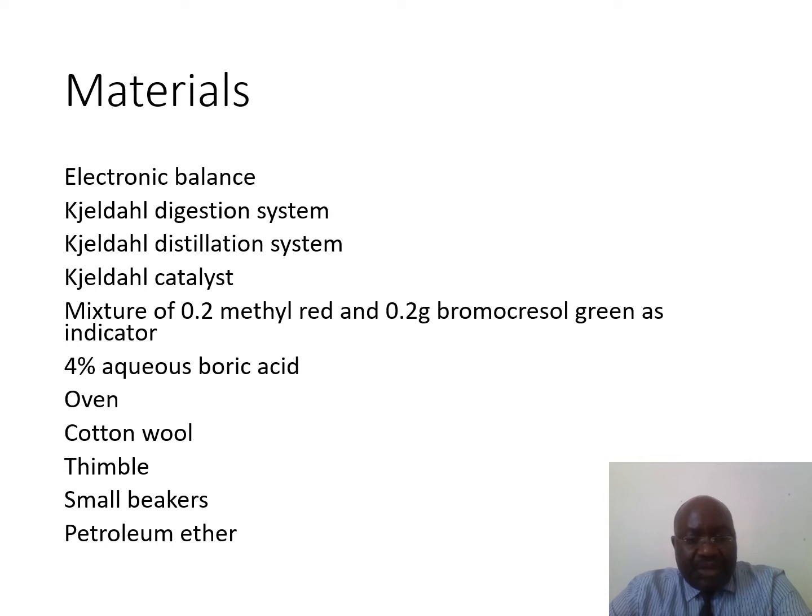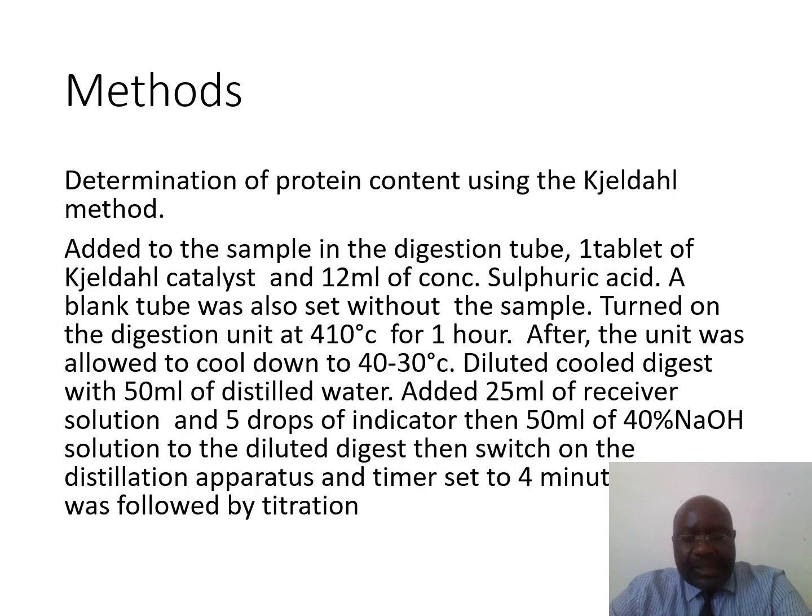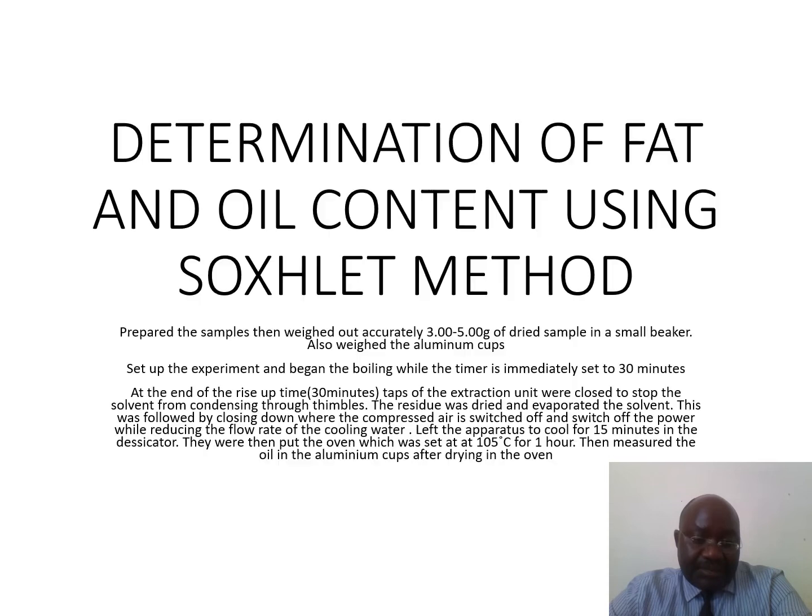So methods is not clear there. Now here for the determination of protein, he decides to put there everything that we have in the Kjeldahl method. But given that this is a PowerPoint presentation, we needed bullets. What are the points to take home from that method? Not everything, not every step in the method. Even the heading was supposed to be centrally placed.